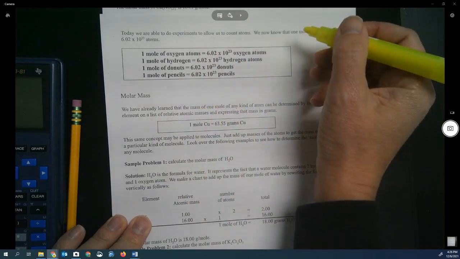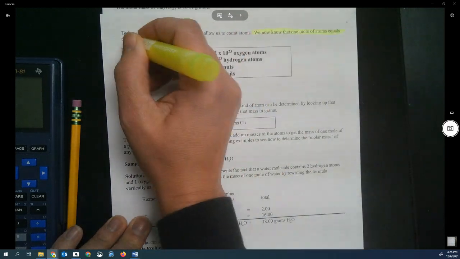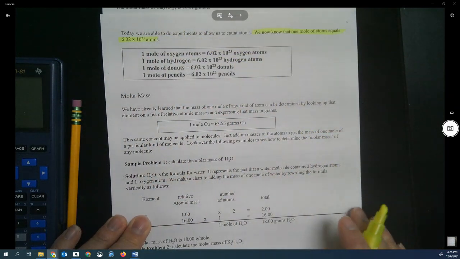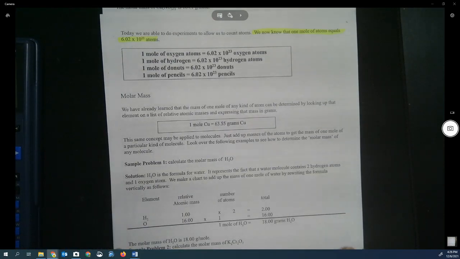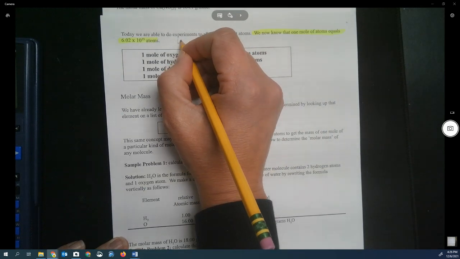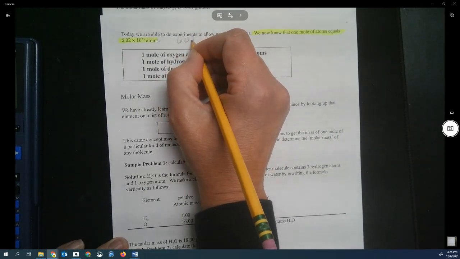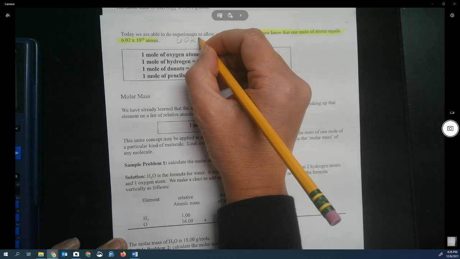We now know that 1 mole of atoms equals 6.02 times 10 to the 23rd atoms. That is a really large number, just like we saw in our video. So 6.02 times 10 to the 23rd atoms is 602 with 21 additional zeros.